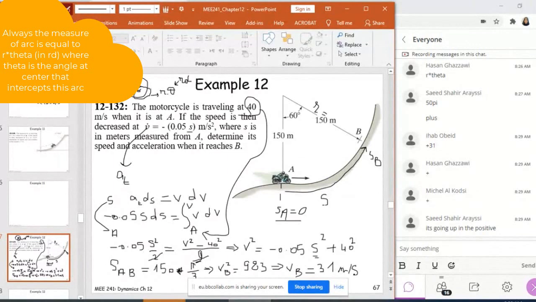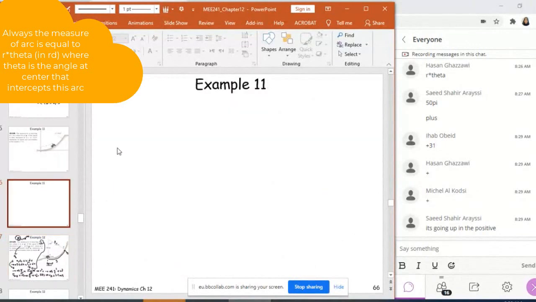Now, how can I find the acceleration? So let's find out what is the acceleration. What is A, guys? A is equal to radical AT squared plus AN squared. Okay?